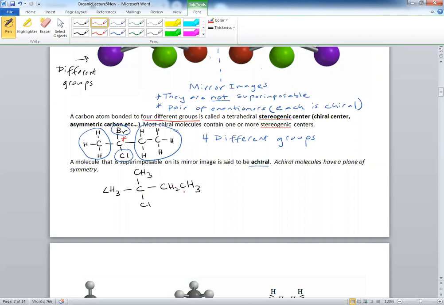This one has 2 H's, this one has 3 H's, this one has 3 H's, and this one, can you see if it has 4 different groups? This one is different, that one is different, but guess what? These 2 are the same. So we know we need 4 different groups. Therefore, it's achiral.